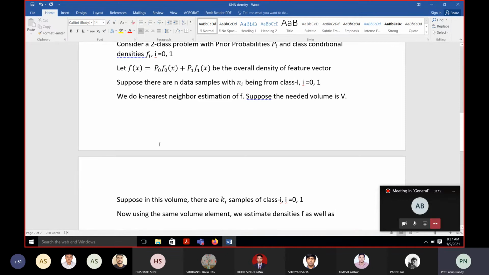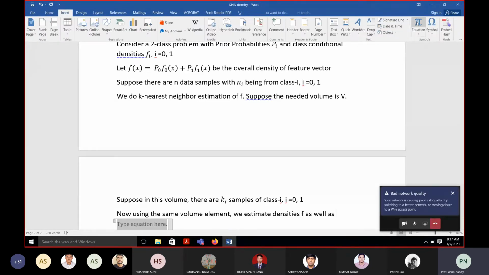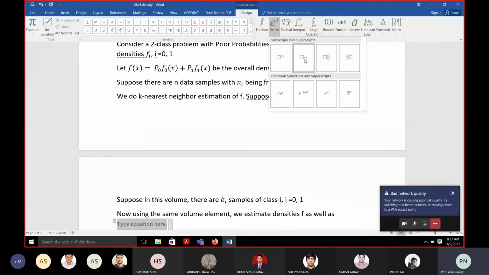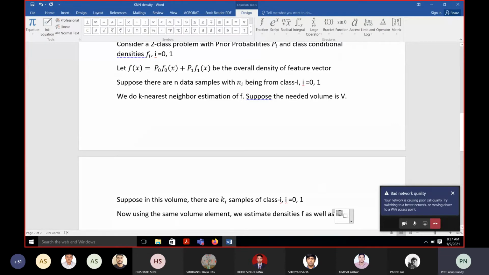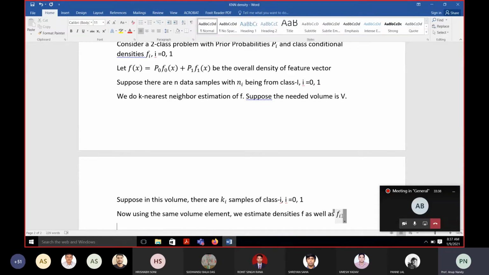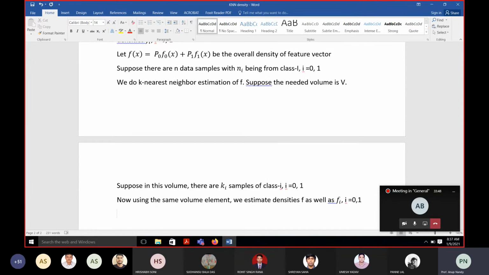We estimate the density f. I mean, the way that you go for f, you have to go for this fi, for I is equal to 0 and 1.